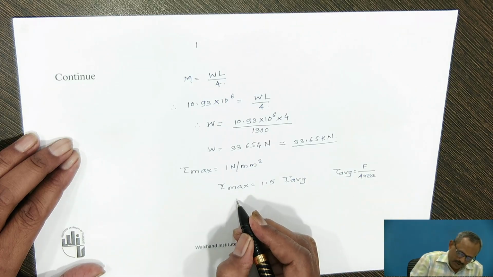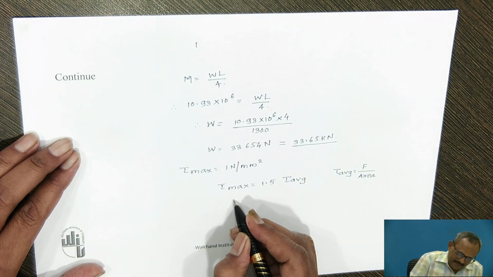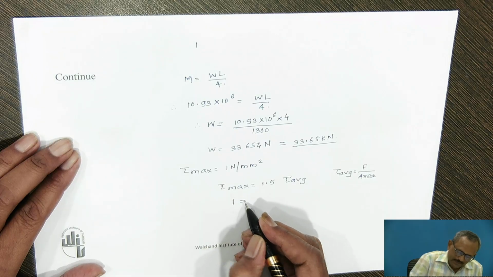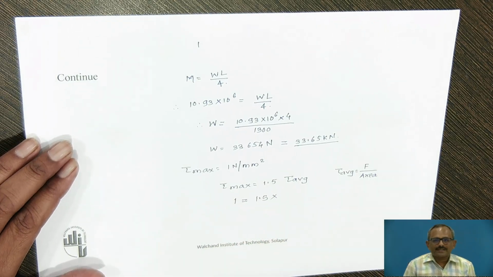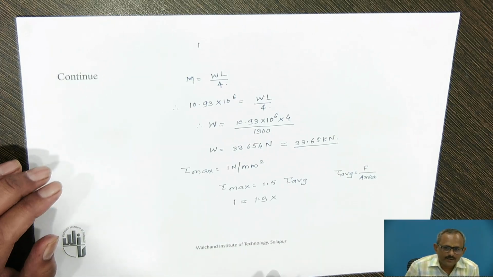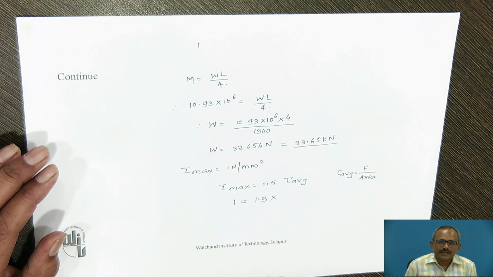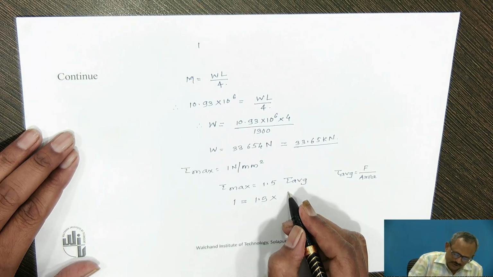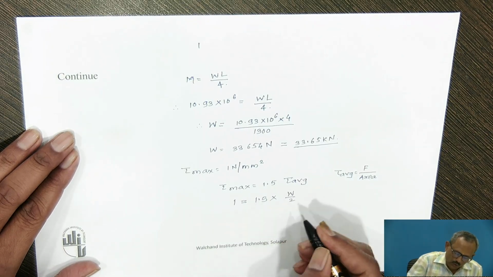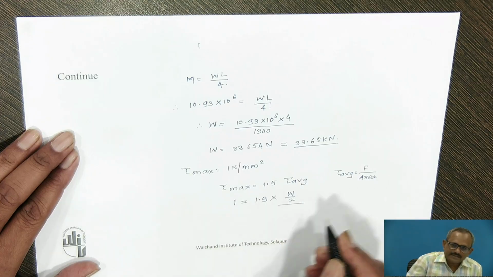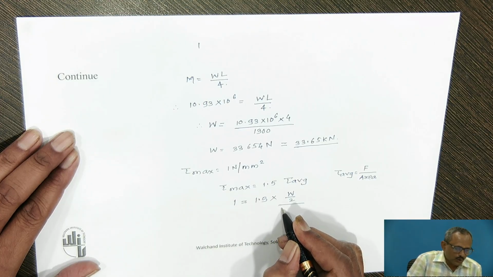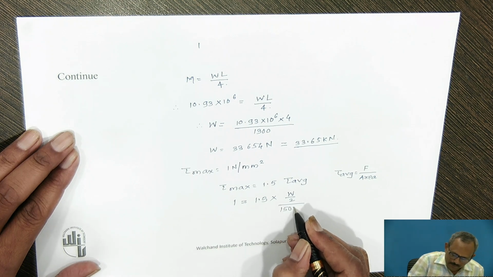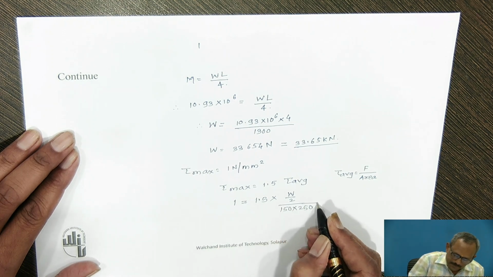So tau max, 1 Newton per mm square, is equal to 1.5 into maximum shear force, W by 2, divided by the area of the section, that is B into D, which is 150 into 250.